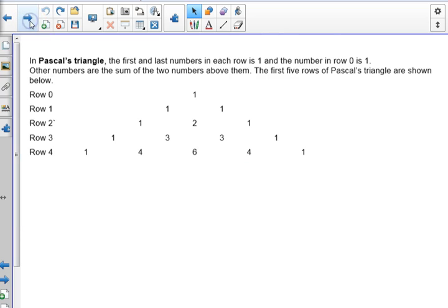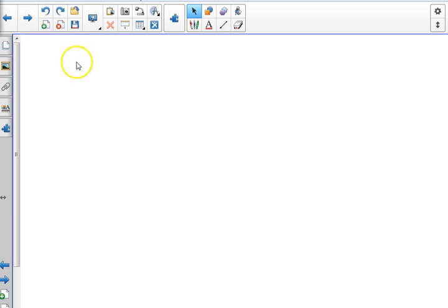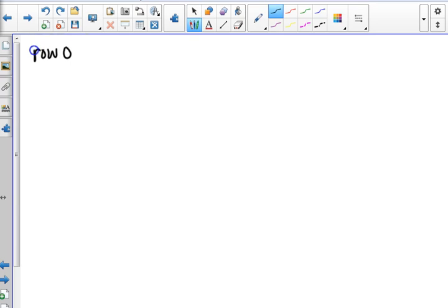All right. We're going to start out talking about Pascal's triangle today. This is the idea. Row 0 is 1. Row 1 is 1, 1.